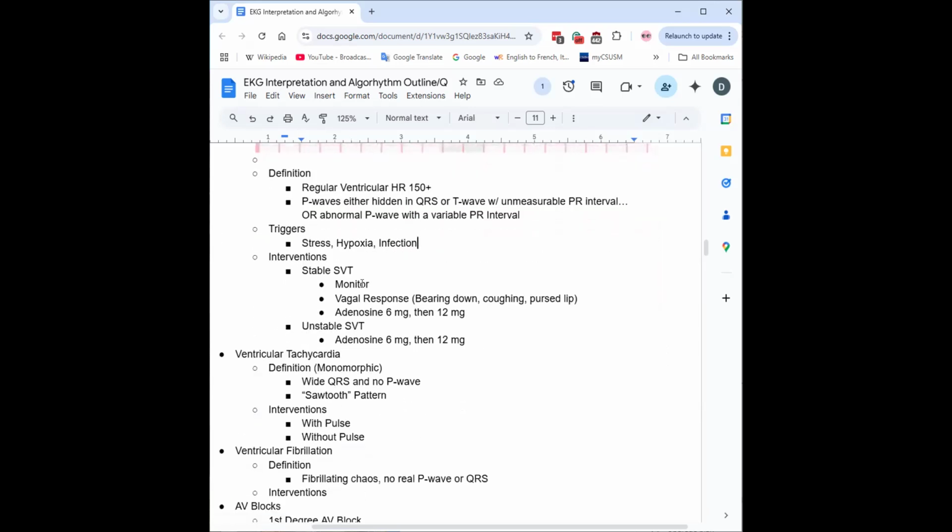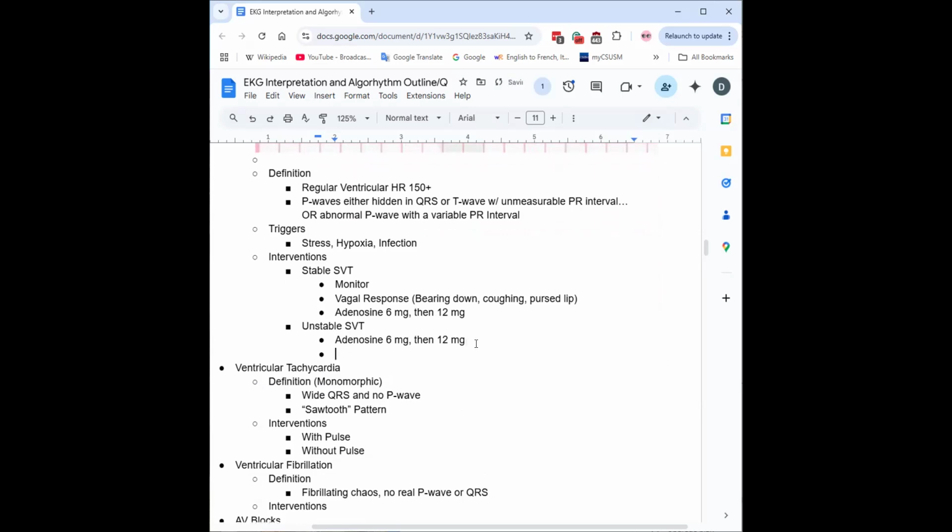And of course, the thing to always think about when it comes to fast and symptomatic is synchronized cardioversion.